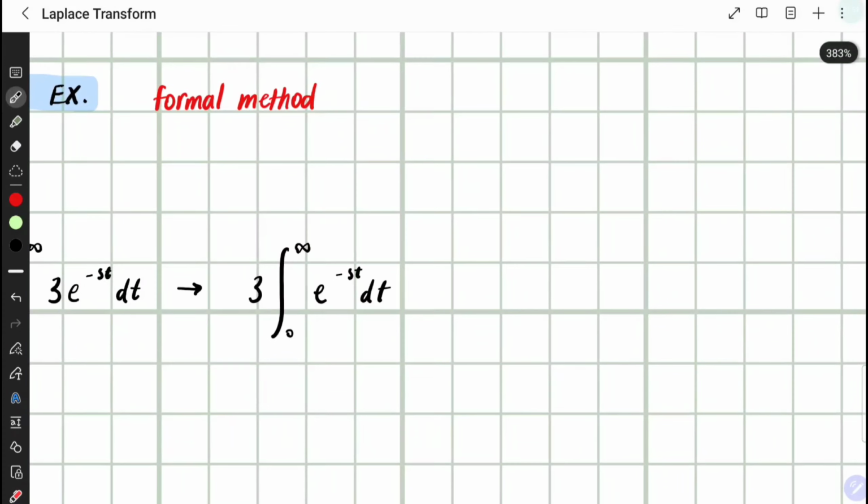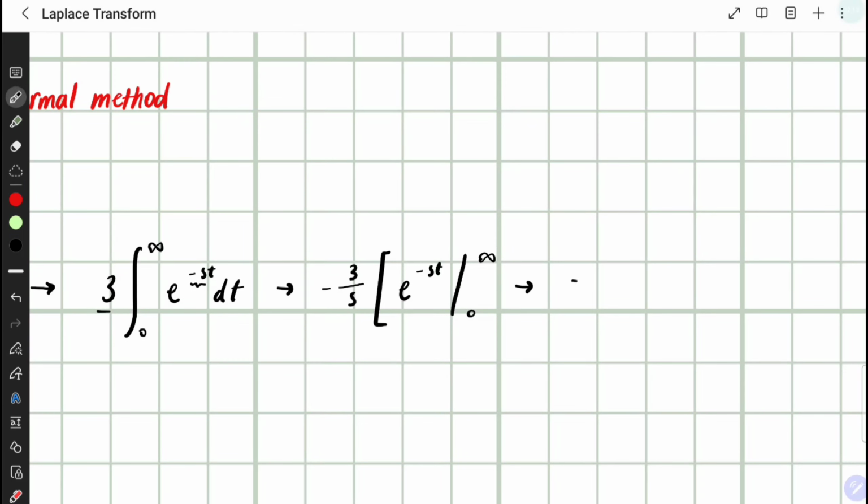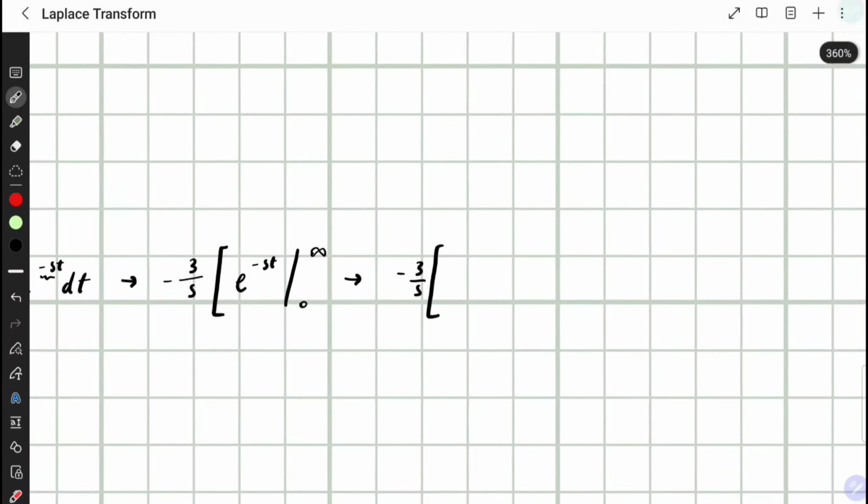And that gives us this constant here, a factor of minus 1 over s, times our constant 3, gives us 3 over s, times our e, which remains the same, from 0 to infinity. 3 is still there. And we plug in infinity first.